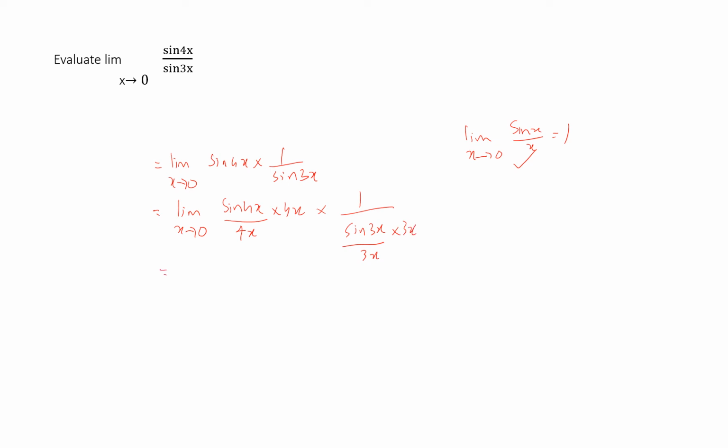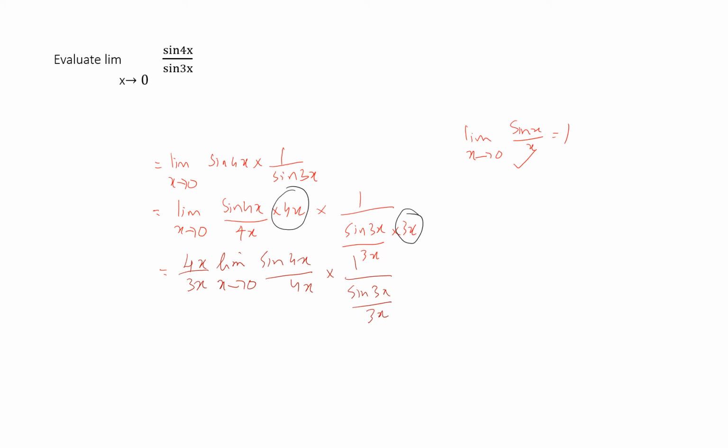Now listen. Now what I'm going to do is, I am going to take this 4x and 3x together, in front of the limit. So 4x by 3x, limit x tends to 0, sin 4x by 4x into 1 by sin 3x by 3x.